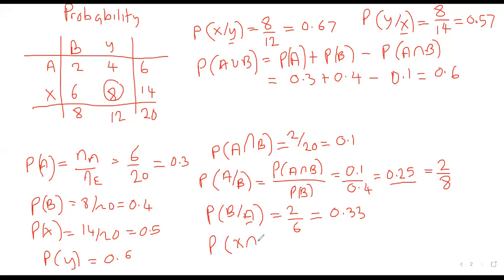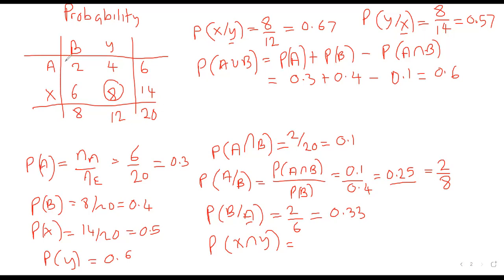How do you find X intersection Y? How did you find A intersection B?